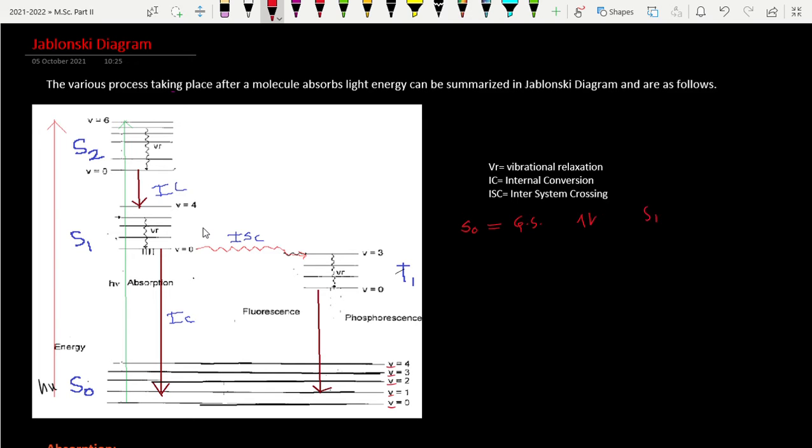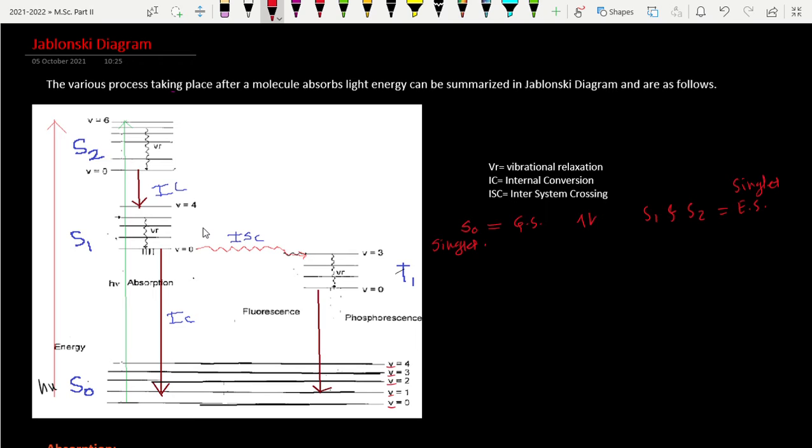S1 and S2 are the singlet excited states. This is the singlet ground state, and you might have learned about singlet and triplet states.